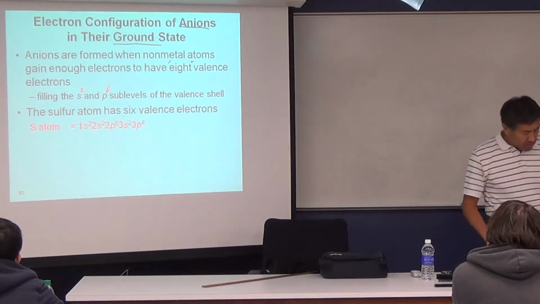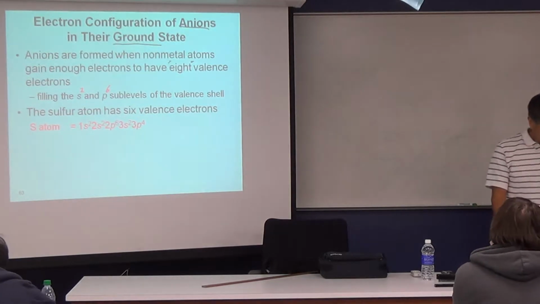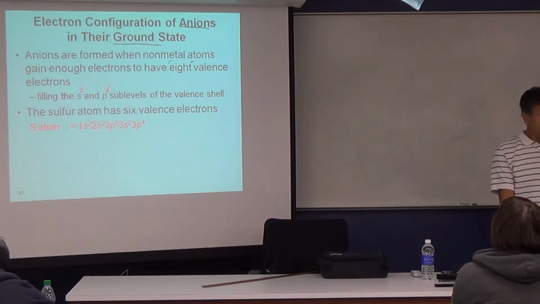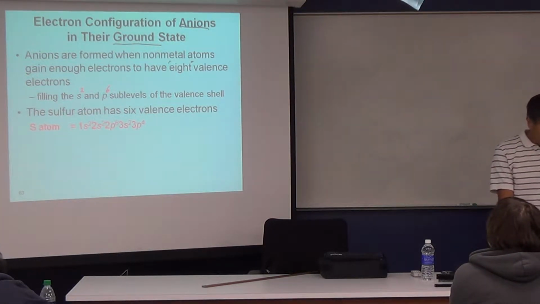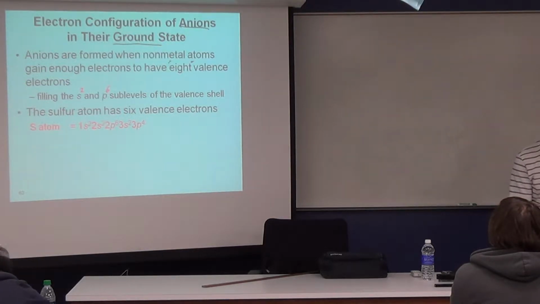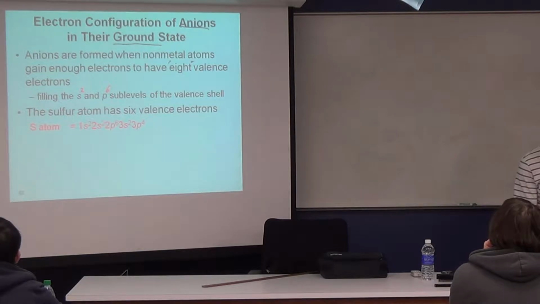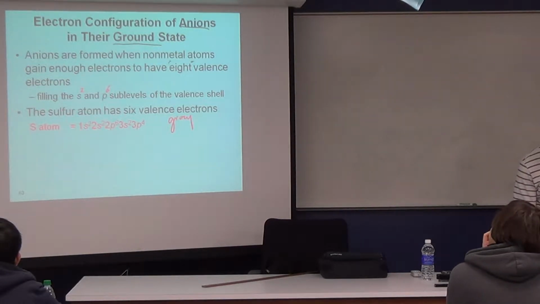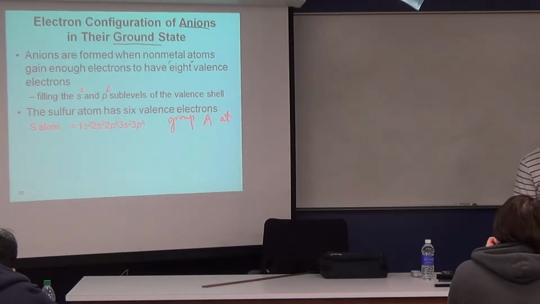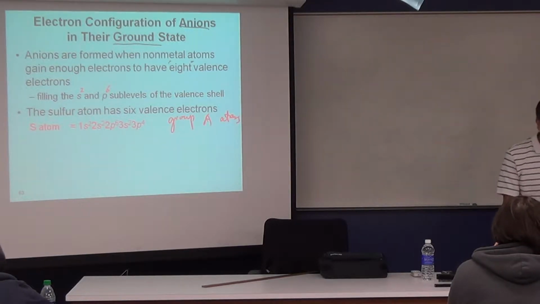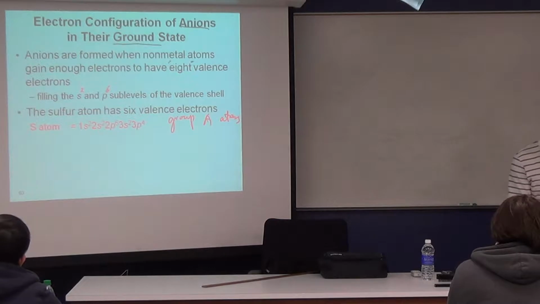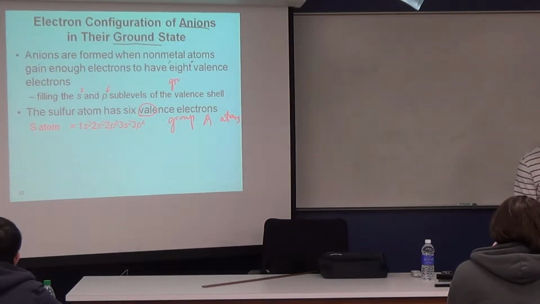For example, the sulfur atom, the free neutral atom, has 6 valence electrons. We studied last week that for those group A atoms, the number of valence electrons is the same as the group number.